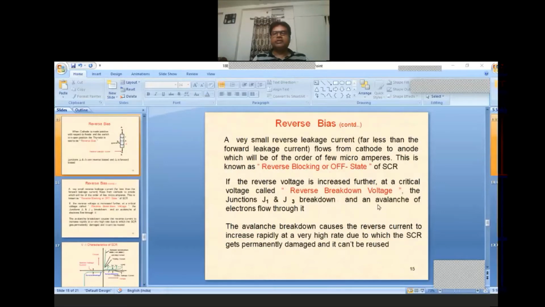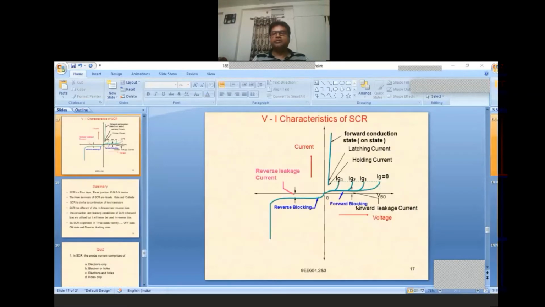And when we see the VI characteristics of the SCR, this is the region where voltage is increased from 0 gradually, and current in the starting will be increasing very slowly. It is nothing but forward leakage current, and after that it increases gradually, but again it will not be sufficient for conduction.